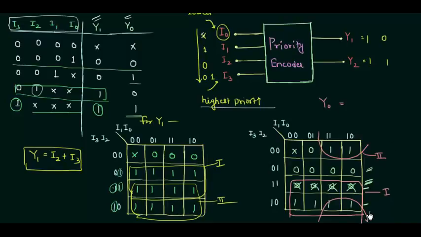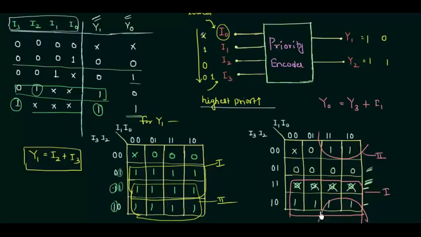Y0 is equal to, for the first group I'm having I3 with no doubt, we have already done this in this case, and for the second group let's see what's changing and what's not. For the second group you can see that I1 is 1 and it's not changing in this column, whereas I0 is changing from 1 to 0, so we will neglect I0 and I will write I1, and as it is a group of 4 ones we will eliminate 2 and still we are left with 2. So I1 is our first variable.